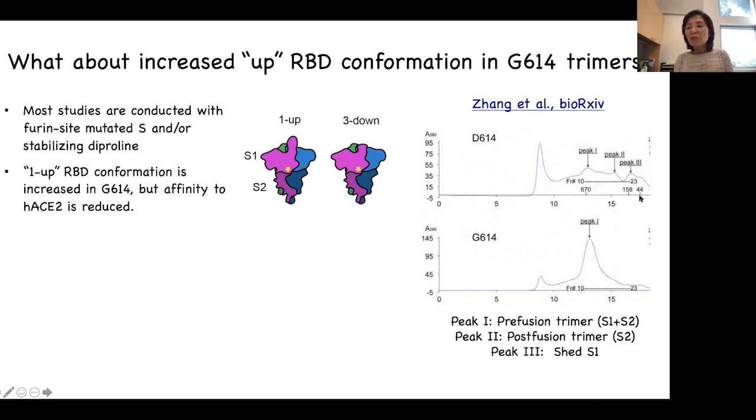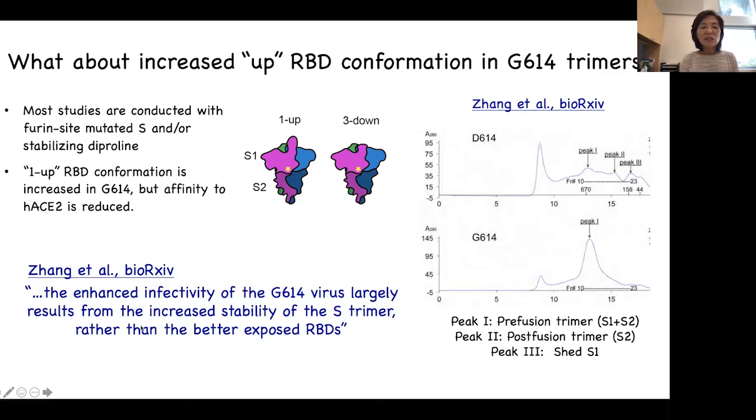And peak 3 is shed S1. So this already shows that G614 has a lot more functional spike trimer, and it does not shed S1 as much as D614.